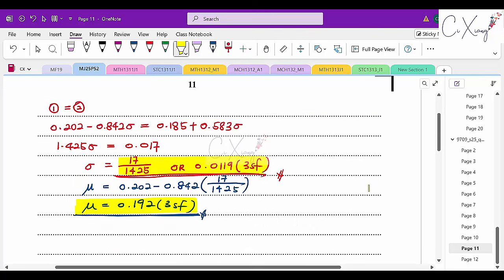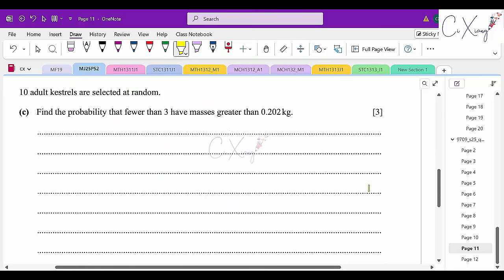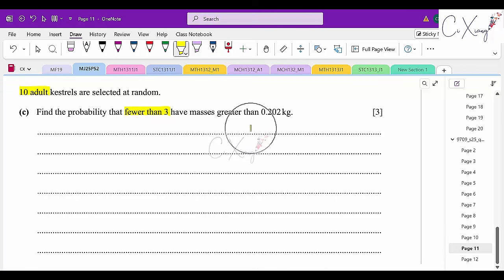Let's continue to the last part, part C. I'm having 10 adult birds selected at random. Find the probability that fewer than 3 of them have a certain property. With 10 birds and fewer than 3 happening, this kind of structure belongs to binomial distribution. I hope that you know how to identify it.